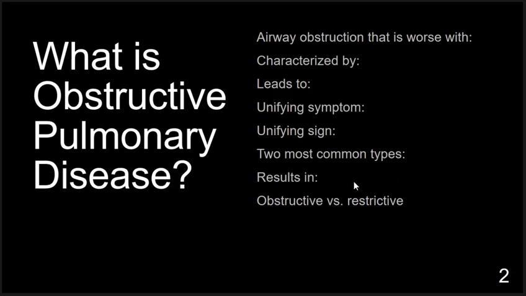So what does this result in? What is the pathophysiology, what ends up happening? Well, there's going to be this increased workload of breathing, or this increased work of breathing. And so you get this mismatch of the ventilation perfusion ratio. And there's also decreased forced expiratory volume in 1 second.